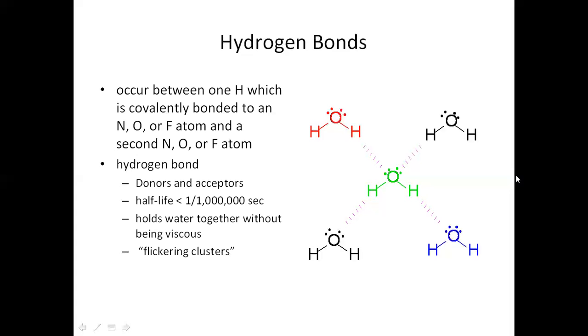It will be noted that water can form 4 hydrogen bonds, as the center water molecule is doing. Calculations and experimental evidence suggest the number of hydrogen bonds that a water molecule participates in is 3.6. The short half-life leads to water being described as existing in flickering clusters.